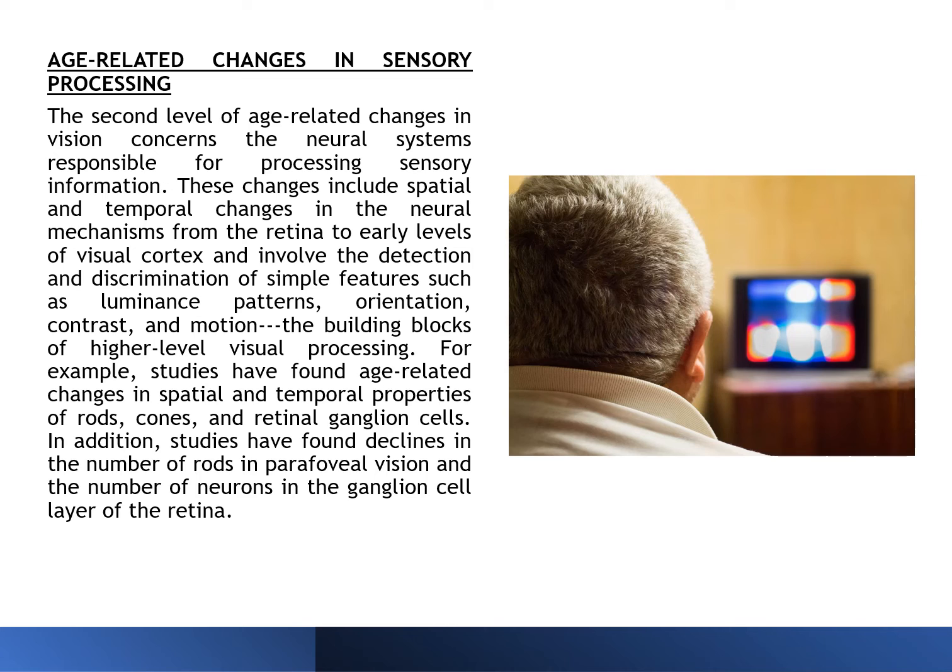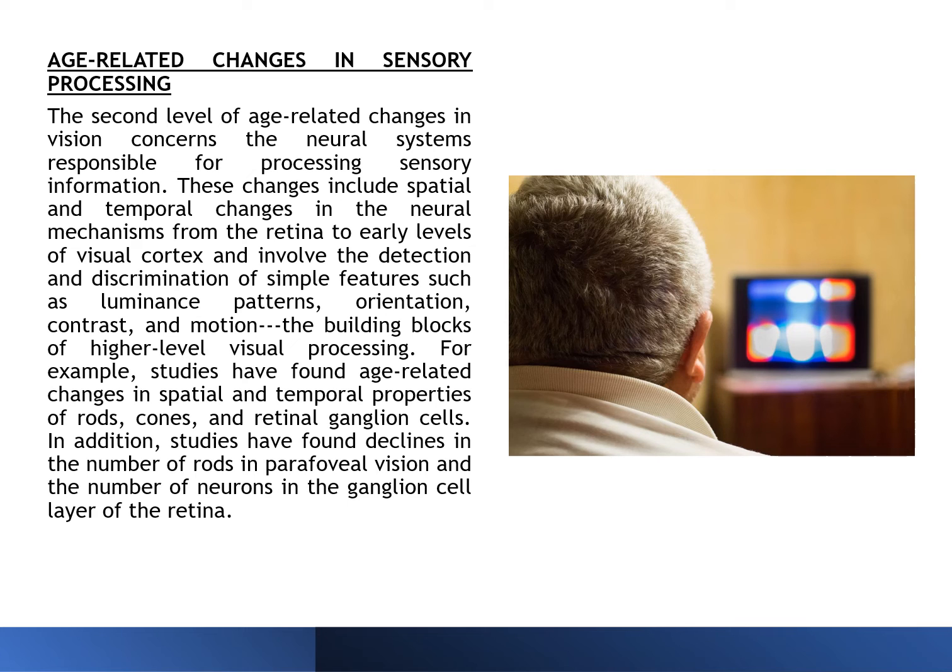Now let's consider age-related changes in sensory processing. The second level of age-related changes in vision concerns the neural systems responsible for processing sensory information. These changes include spatial and temporal changes in the neural mechanisms from the retina to early levels of visual cortex and involve the detection and discrimination of simple features such as luminance patterns, orientation contrast, and motion, the building blocks of higher level visual processing.